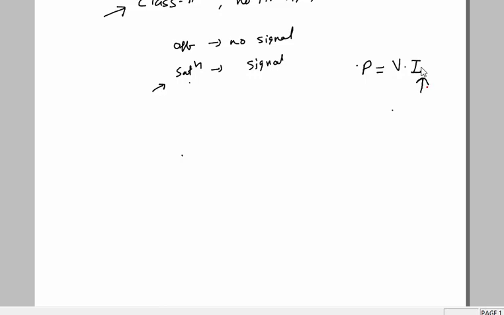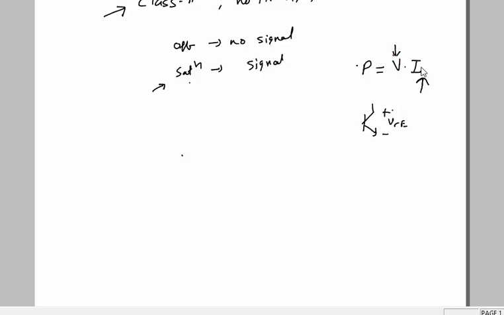Similarly, when the transistor operates in saturation, the voltage across the transistor is very small, because VCE(sat) is ideally 0, but practically 0.2 to 0.3 volt, but it's very small. So V is small, and again power dissipation is small.